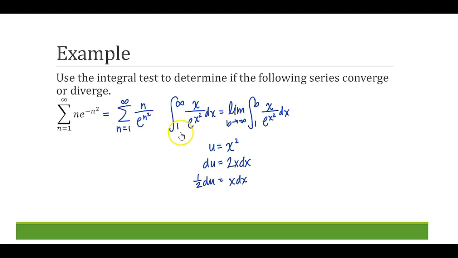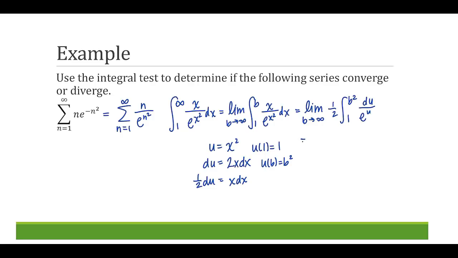And we'll change our limits of integration, so u of 1 squared is 1, and u of b is just b squared. So this becomes the limit as b approaches infinity of 1/2 the integral from 1 to b squared of du over e to the u.